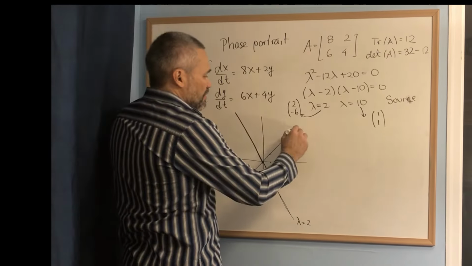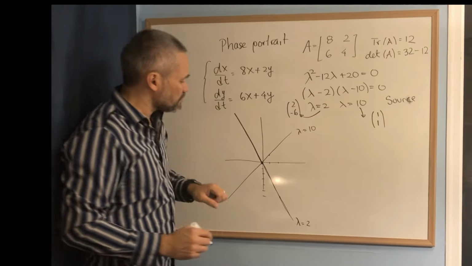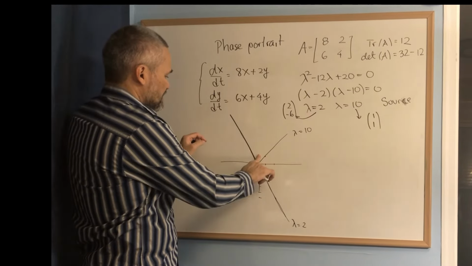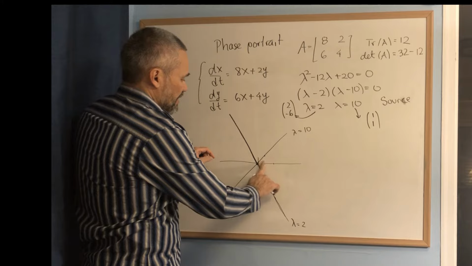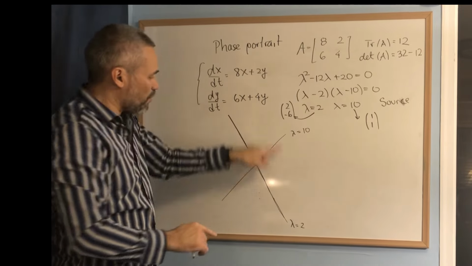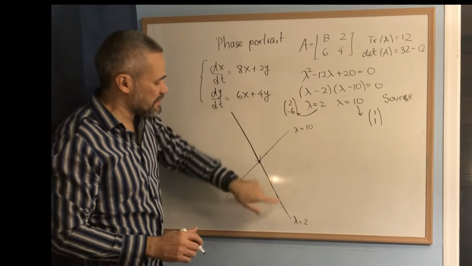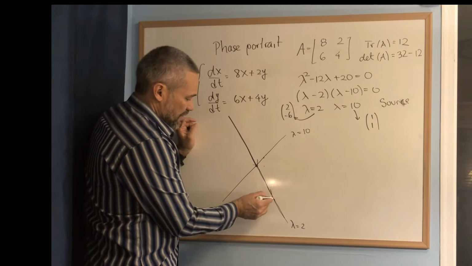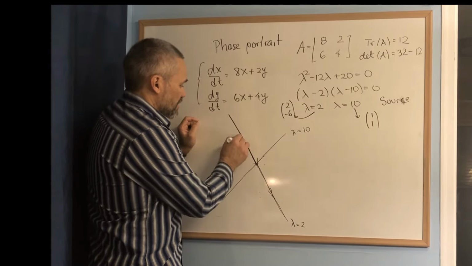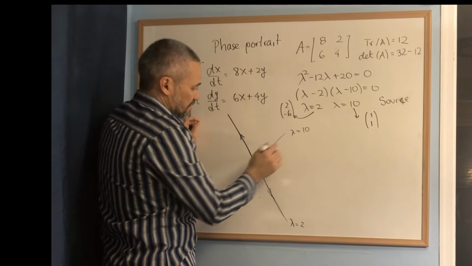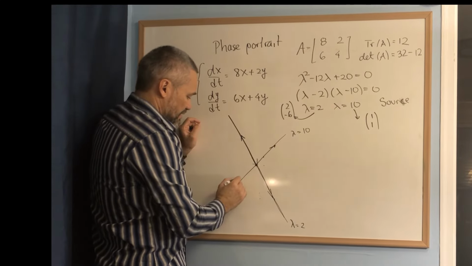And we're going to label here lambda equal 10 because this line comes from this eigenvalue. Let's forget about the axis and let's just leave the lines. We have like 4 quadrants, and in this case this is a source. This lambda is positive, that means that the arrows in this semi-line are going out, and since lambda is equal 10, the arrows in this semi-line are going out.